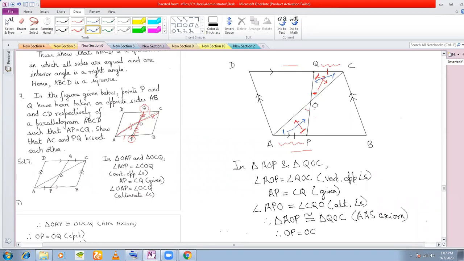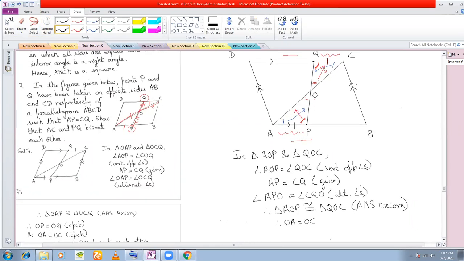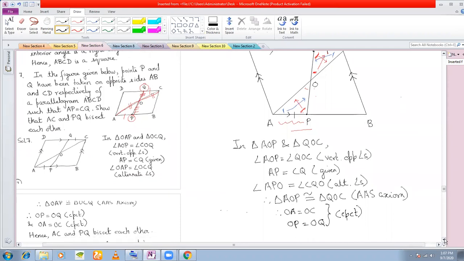I have already shown that OA is equal to OC. This is OA. OA is equal to OC and OP is equal to OQ. Both of these are by congruent parts of congruent triangles, CPCT.